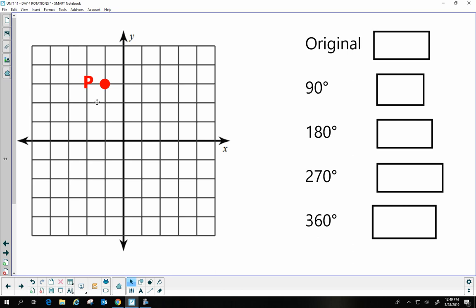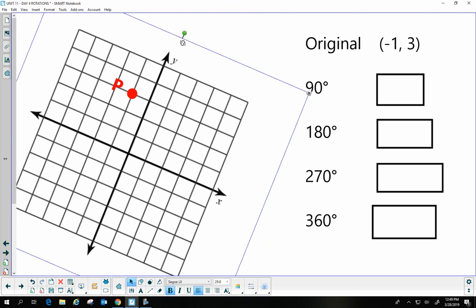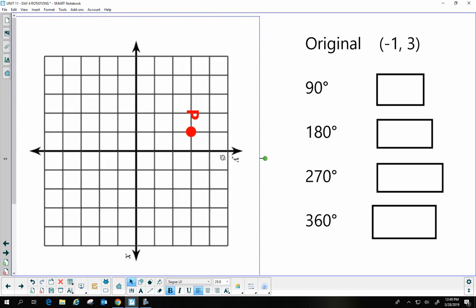So let's do another one. My coordinates for P right now are -1, 3. I want to rotate it clockwise 90 degrees, so I'm going to rotate it to the right 90 degrees. And my new coordinates are 3, 1.